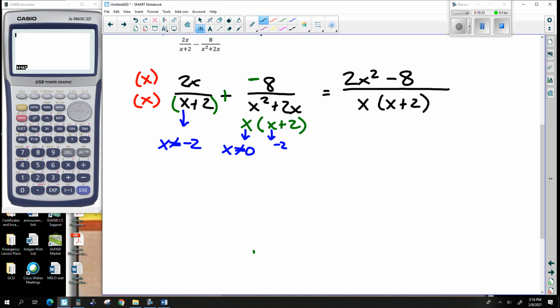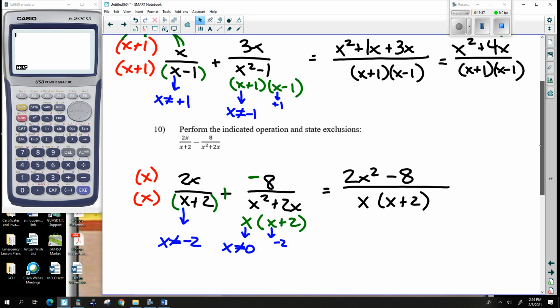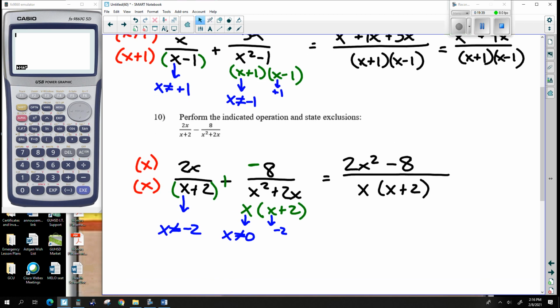Okay, so there's going to be some simplifications going on here. Usually you don't have to do stuff, but let's just take a look at what I can do with this answer. So what can I do with this answer? I can first take out a 2.